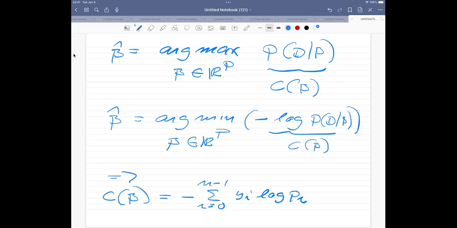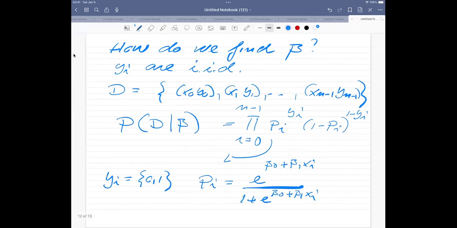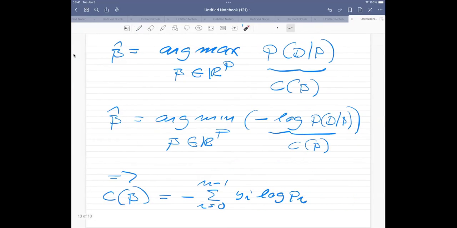Remember, if you go back to what we had before the break, let me just remind you of that. p_i is given by this term here. And we get an additional term, which is plus, and then I have 1 minus y_i, and then I have log of 1 minus p_i.